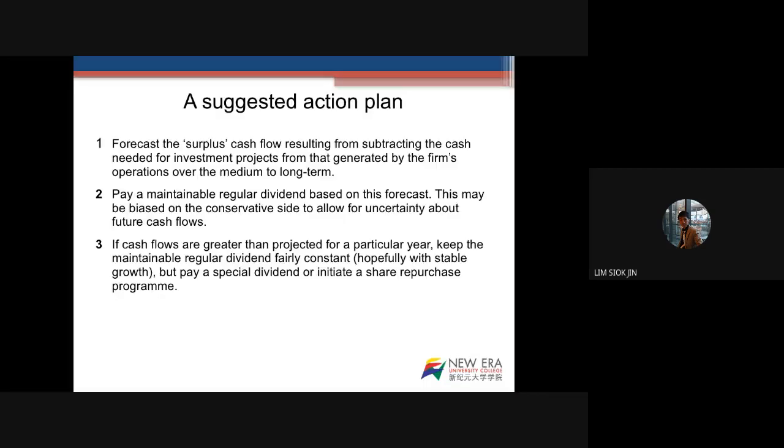So the best, the suggested way to give dividend is to encourage low dividend payout, continuously low, so that the balance can be used for reinvestment. If there is no reinvestment, never mind.